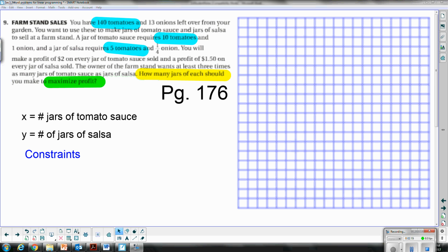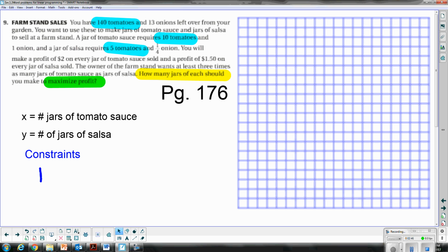If it takes 10 tomatoes for a jar of tomato sauce and 5 tomatoes for a jar of salsa, together, all of the tomatoes we use has to be less than or equal to 140.